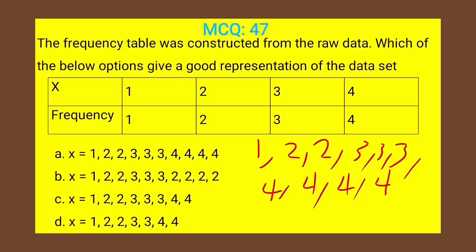So let's say option A: 1, 2, 2, 3, 3, 3, then 4, 4, 4, 4. What about option B? 1, 2, 2, 3, 3, but here the last part is 2, 2, but it's 4, not 2. So you can clearly see that among all these options, option A is the one that is making a good representation of the table above. So let's take note of that.